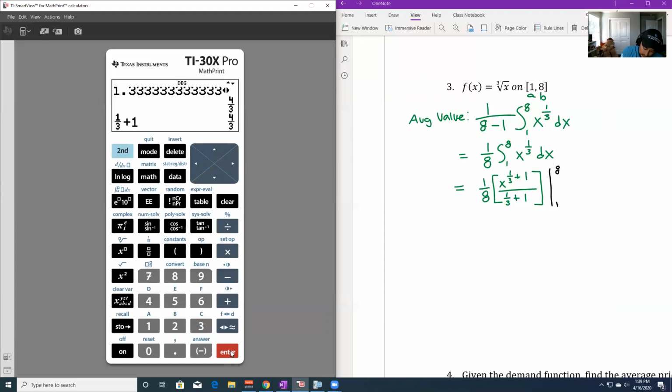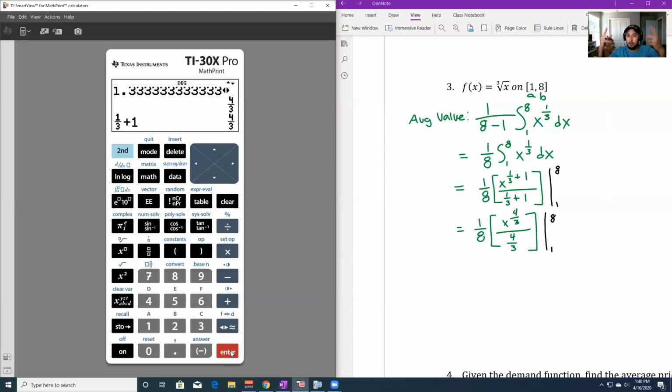So we get 1/8 times x to the 4/3 over 4/3. Still evaluated from 1 to 8. And remember what we do with that fraction down there?